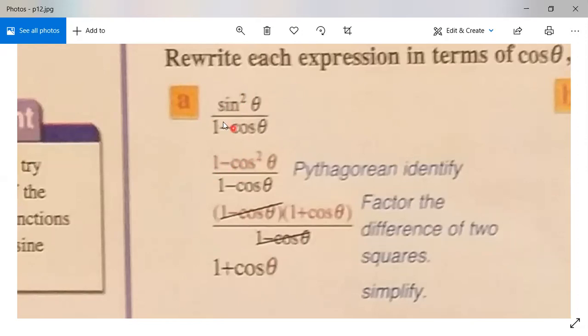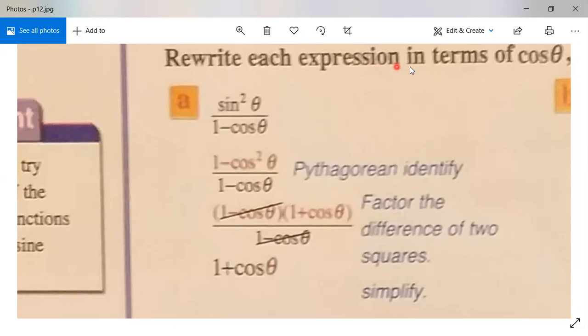Then I multiply it, over 1 minus cosine. This is a difference of two squares: 1 minus cosine theta times 1 plus cosine theta. Then you can cancel 1 minus cosine theta with 1 minus cosine theta. What remains? Just 1 plus cosine theta.